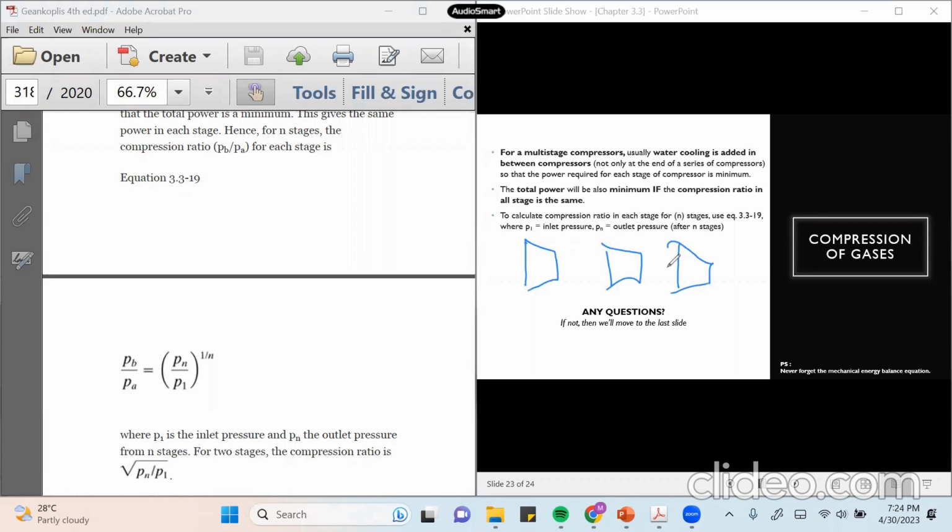If I want to increase the pressure of the gas from 10 kPa to 10,000 kPa, it's 1,000 times higher than the first inlet pressure, right? So we have to increase the pressure of the gas 1,000 times.